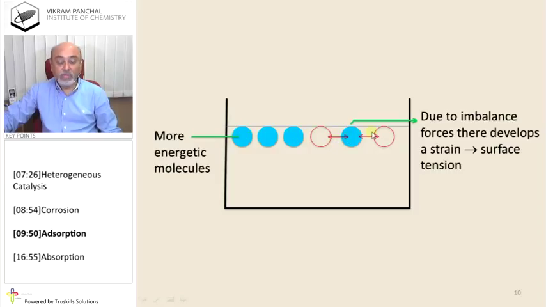So these molecules are more energetic molecules, and due to imbalanced forces they develop a strain, and this strain which will hold these molecules to each other is known as surface tension. The force which is held by these molecules is called surface tension.